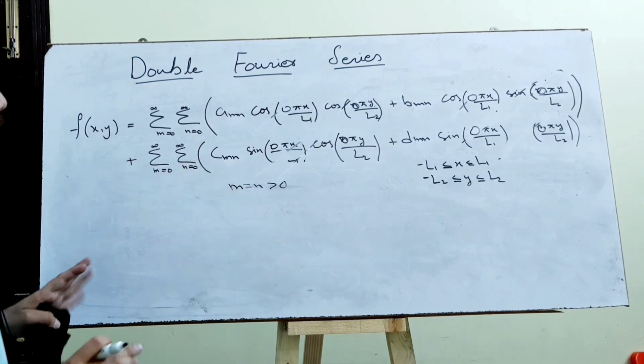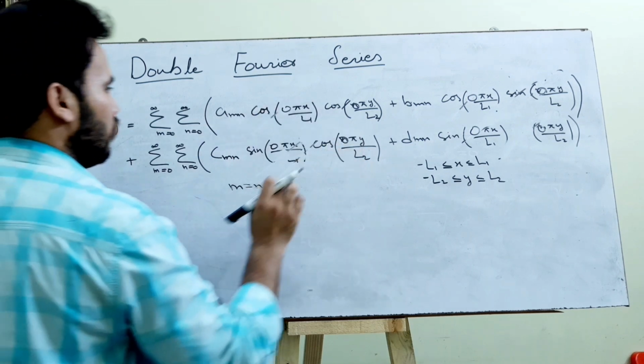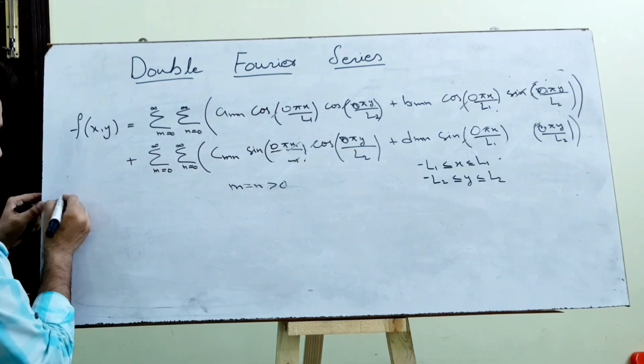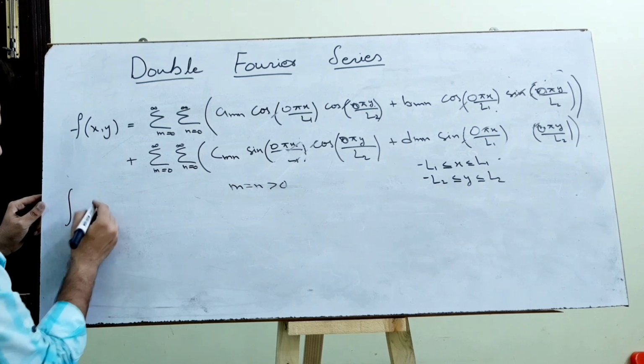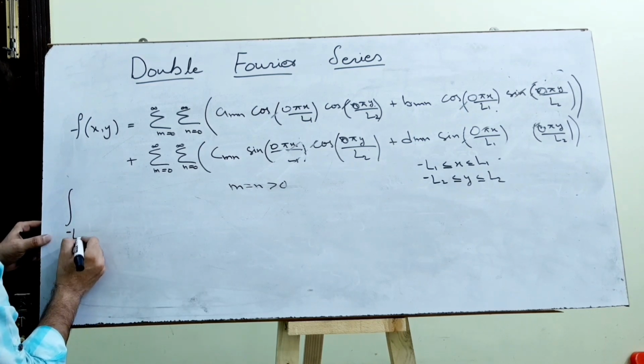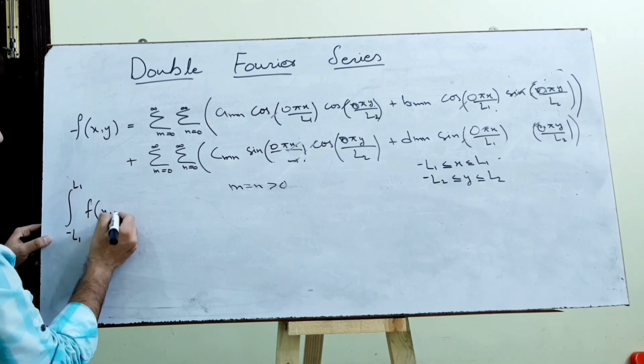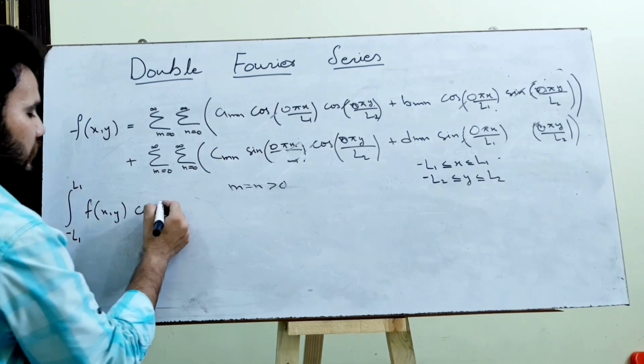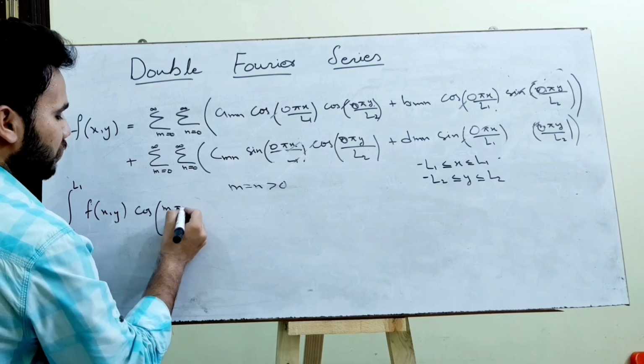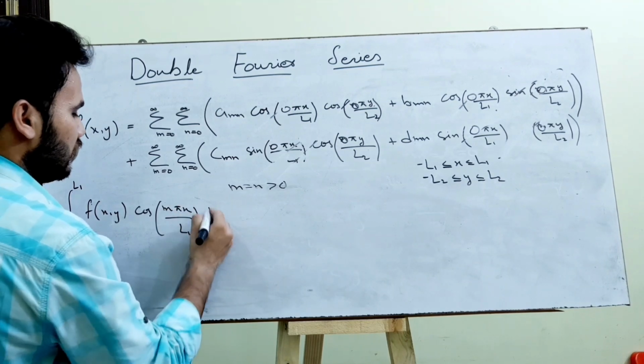Now if m and n are greater than 0, first I am integrating and multiplying from negative L1 to positive L1 f of x comma y cosine m pi x over L1 dx.